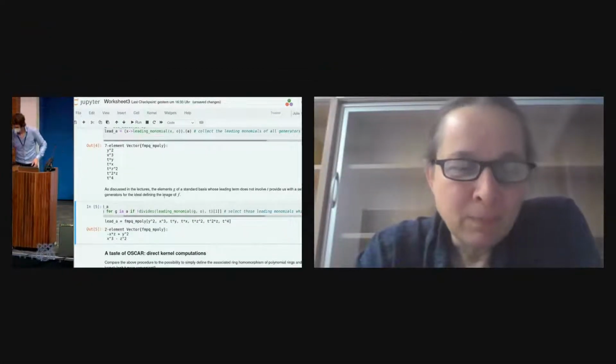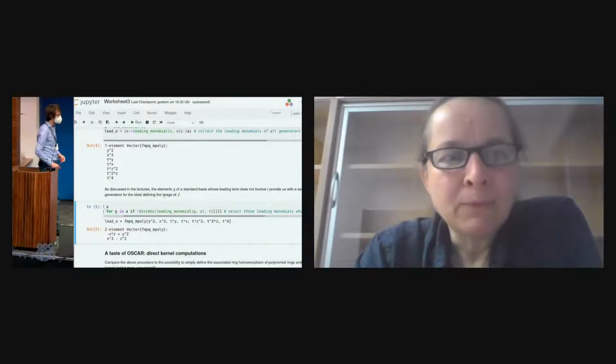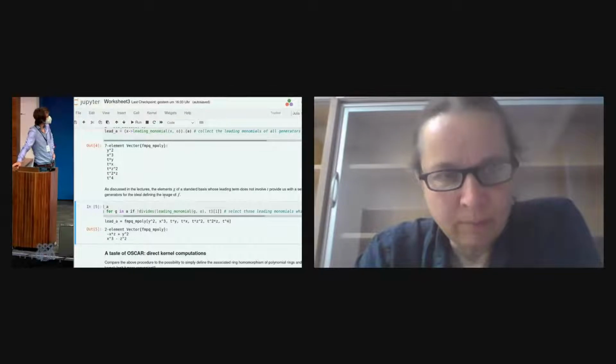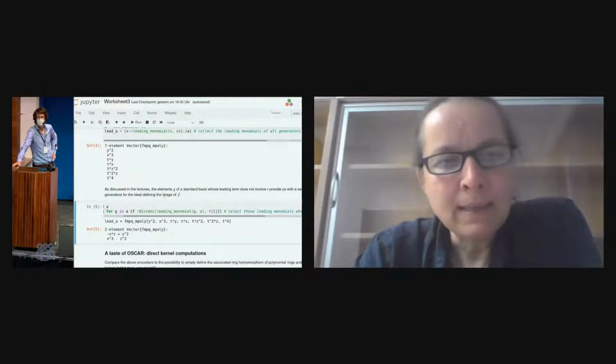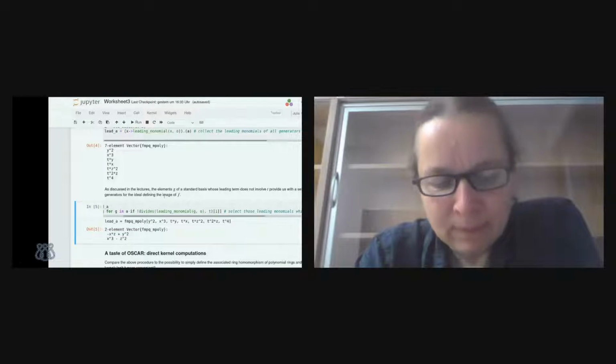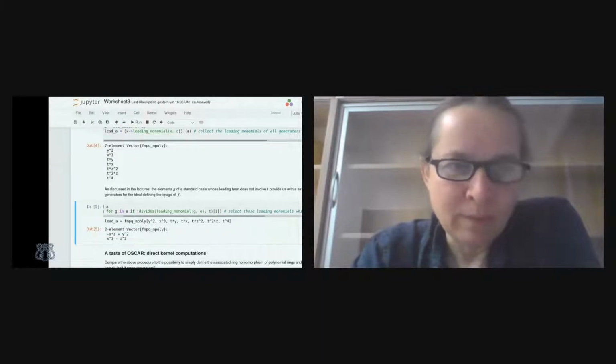Yes, you're right. For the first block, we have to work globally. But for the second block, any ordering is fine. So on the X, you can use a local ordering. That's not a problem. But the first block for eliminating needs to be a global ordering because otherwise you don't have the elimination property, which says that whenever there is a monomial involving your t variables in there, then also the leading monomial will involve some t.